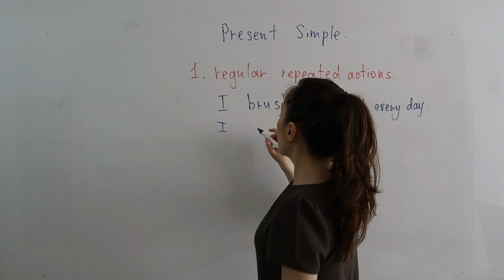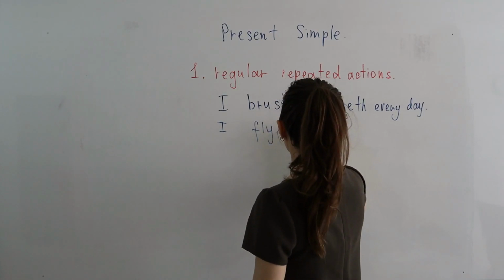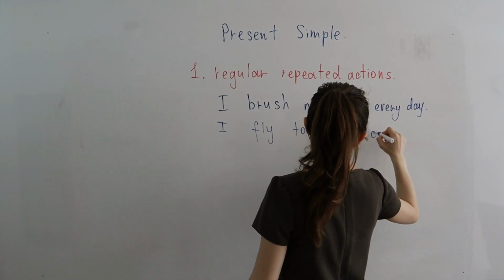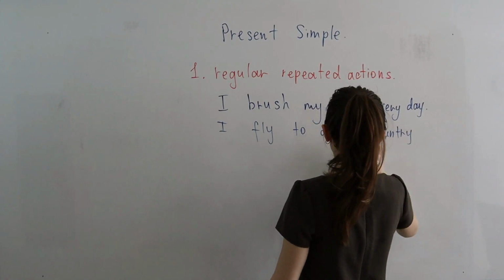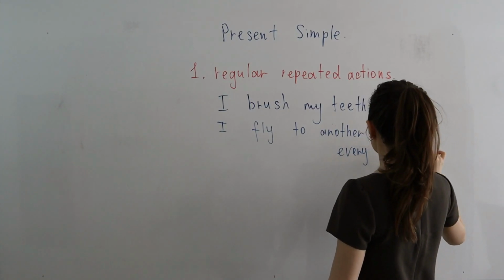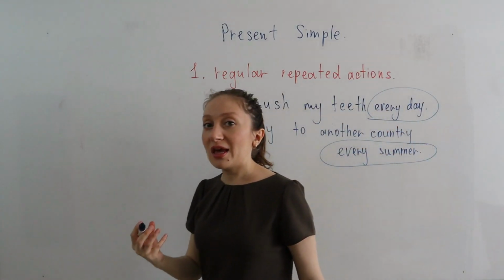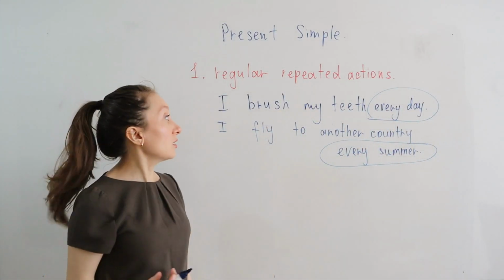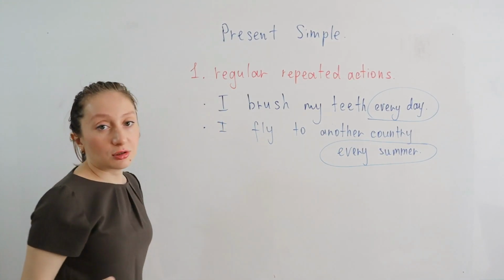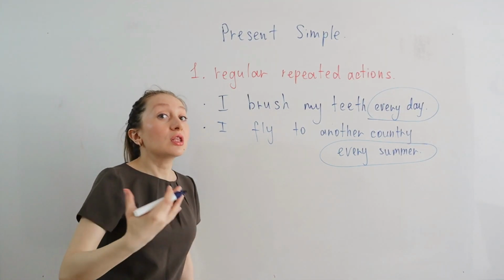Or I fly to another country every summer. So you see, the repetition every day, every summer, they show that you do these actions regularly, right? So this is kind of a routine. This is kind of a repeated action, right? The simple information that shows that you do it regularly.